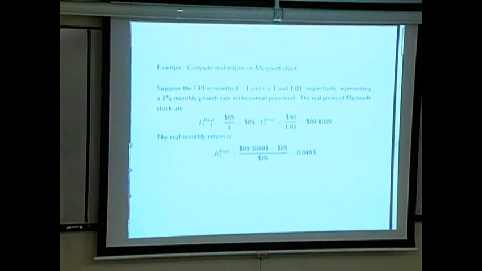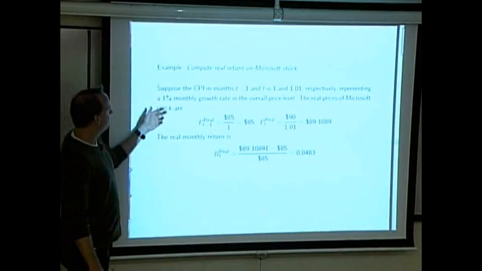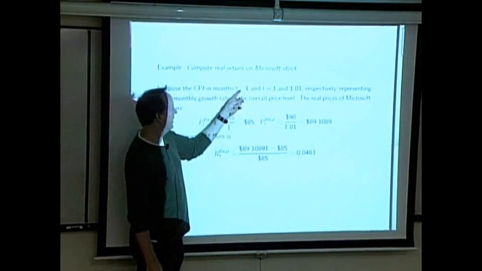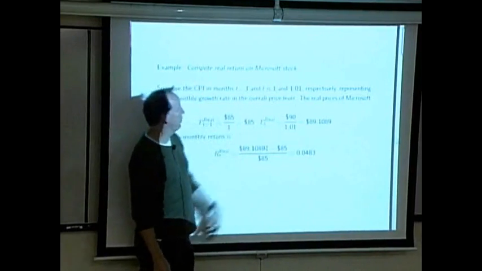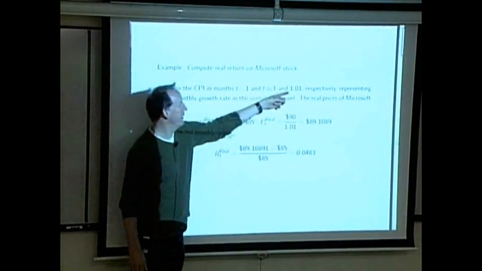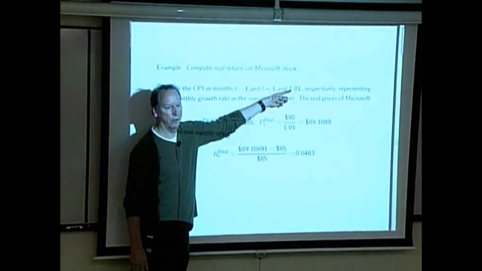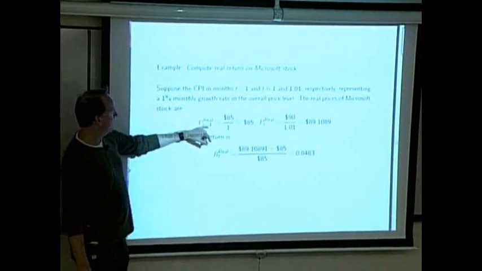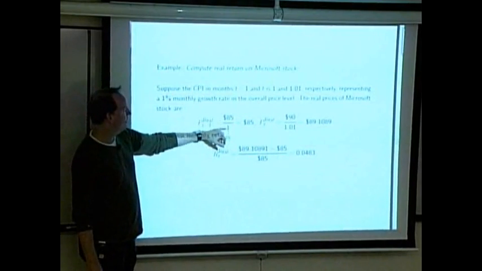So if we're doing a numerical example, let's, for simplicity, say the consumer price index was 1 at time t-1 and was 1.01 at time t. So we see that the consumer price index increases by 1% over the month. So then our real price at time t-1 would be 85 divided by 1.